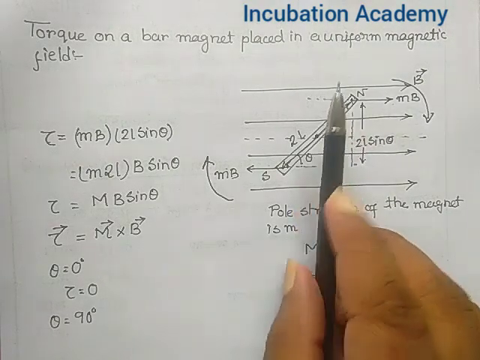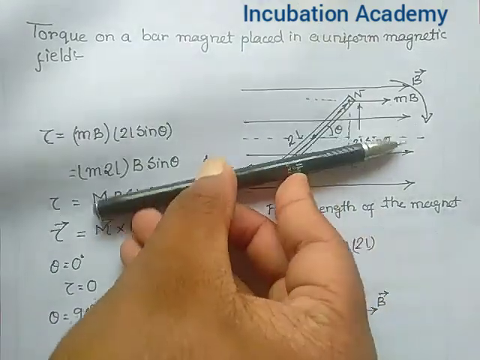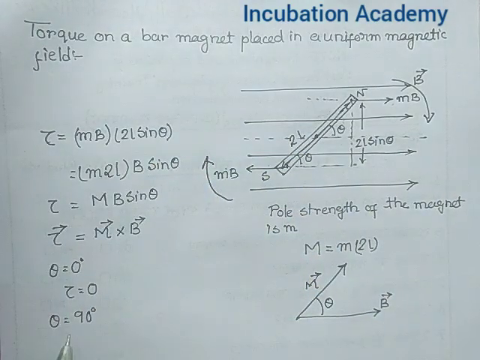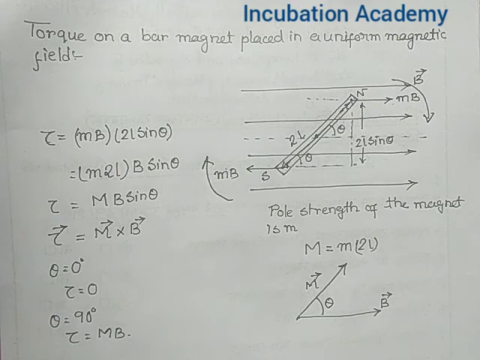Then the magnet is placed just like this, and it will have to align itself in that direction. So at that time the torque is maximum, that is MB. So this is the torque acting on a bar magnet if it is placed in a uniform magnetic field. Here the magnet tries to align itself in the direction of the magnetic field. Thank you all of you.